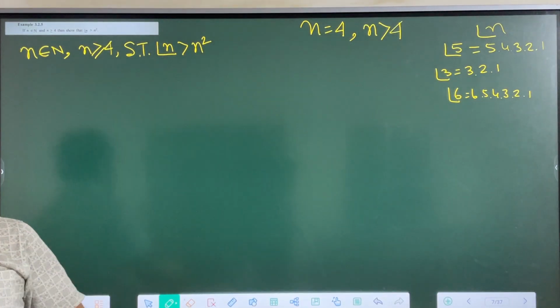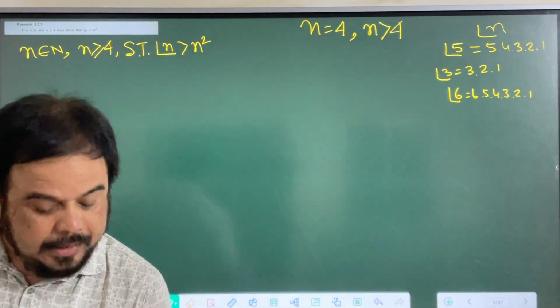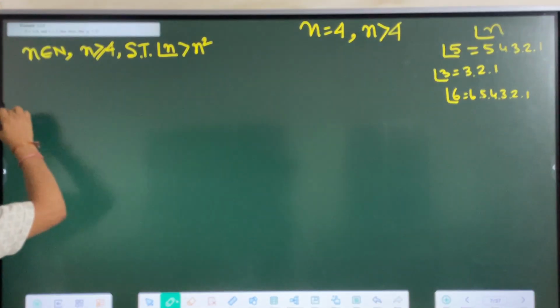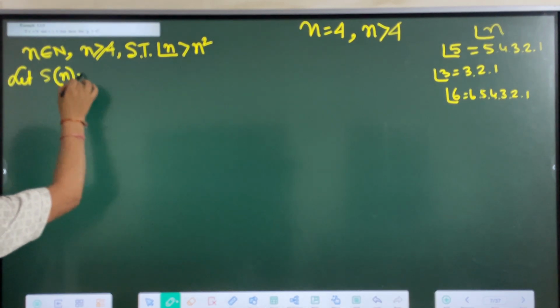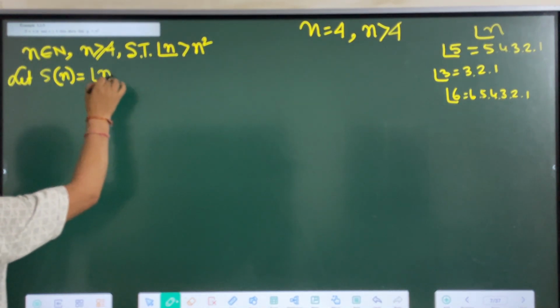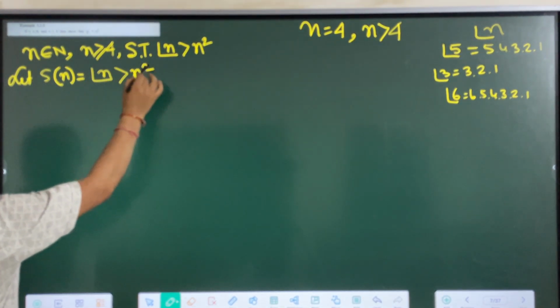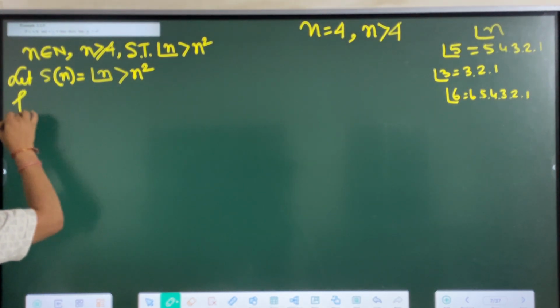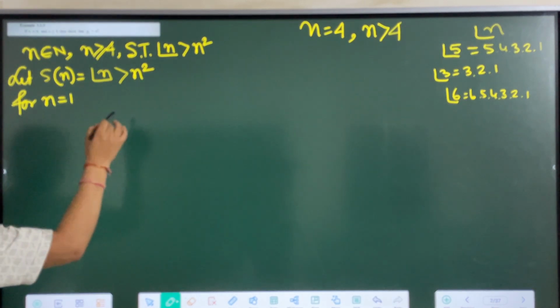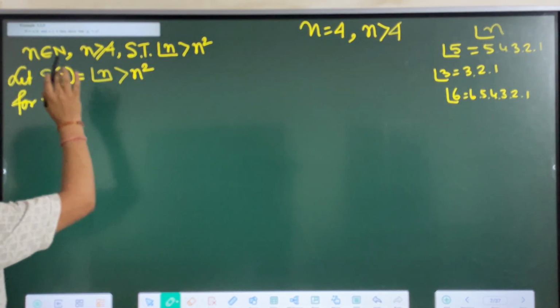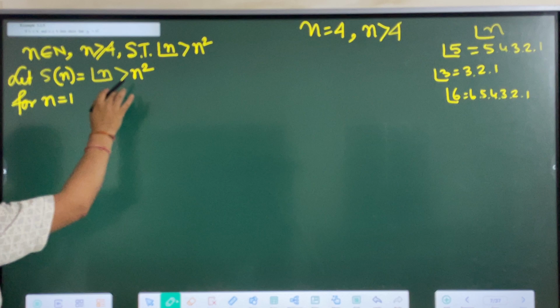Same formula, same steps we will apply here. First, let Sn be factorial n greater than n square. Same process. So for n equals to 1, here left hand side, right hand side equal we cannot prove, but we have to prove left hand side is greater than right hand side.